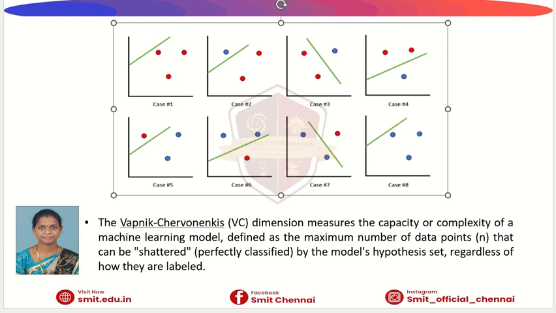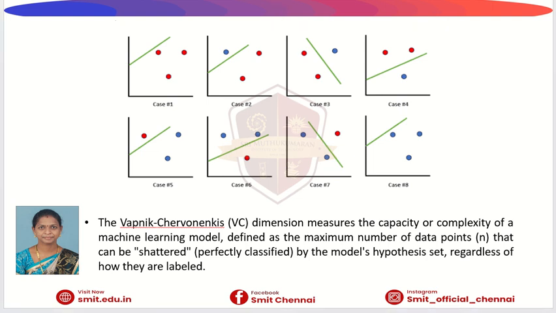In the above diagram, for 3 points in a 2D plane that are not collinear, there are 8 possible labelings.